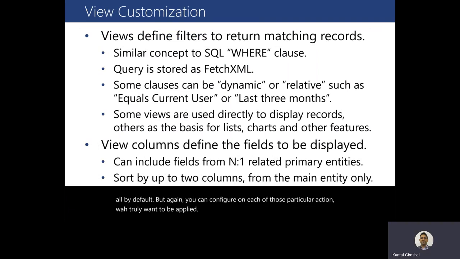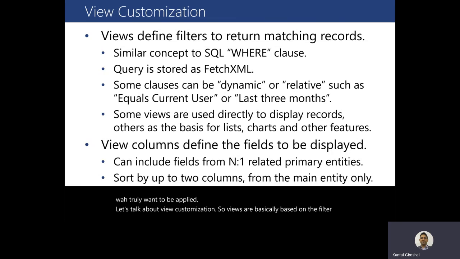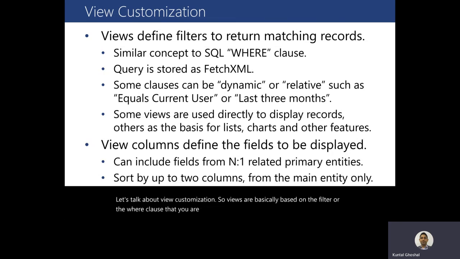Let's talk about view customization. Views are basically based on the filter or the where clause that you define in the customization, and it determines the record set that gets displayed to the end user. When you are configuring a view, the details of that view get stored in the system in the form of fetch XML.